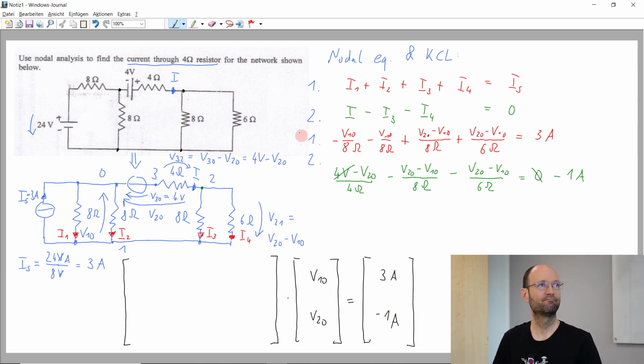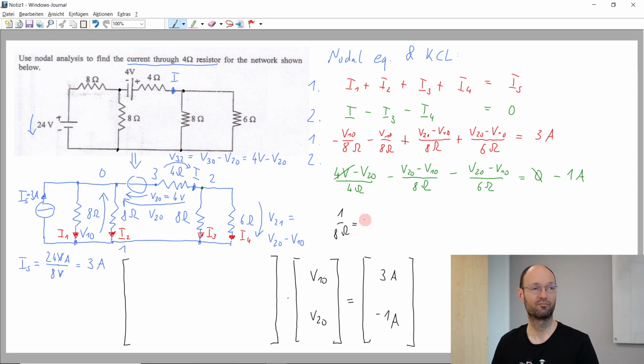So now, using these fractions here is not very convenient. Instead of 1 over 8 ampere, instead of 1 over resistance, I will use a conductance.